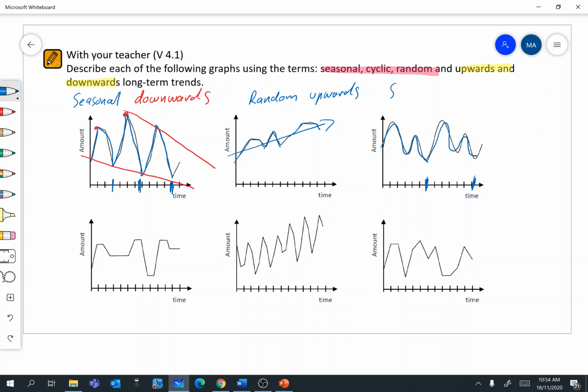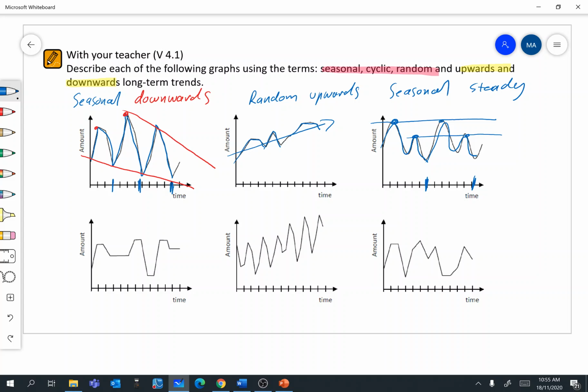So we're looking seasonal here. And this looks pretty steady. If you line up the bigger peaks, and then the smaller peaks, I think this is steady. So rather than saying upwards or downwards, we'll just call this seasonal steady, or you could say it's seasonal, neither upwards nor downwards.